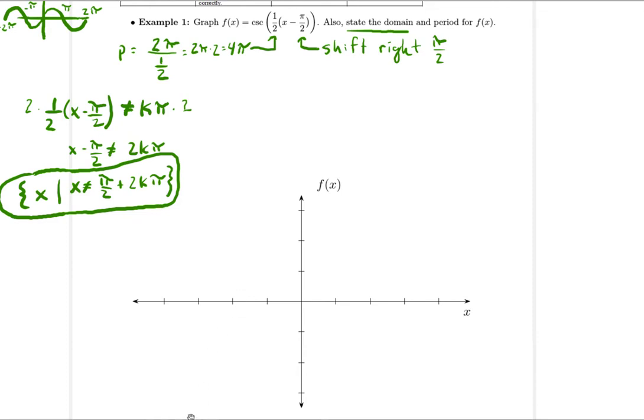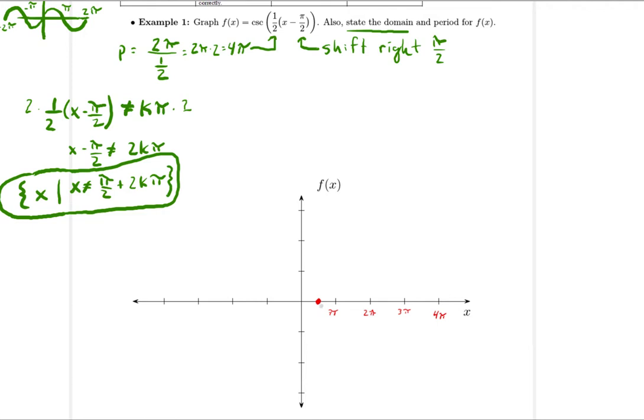So what I'm going to do here is, I know that I want to shift to the right of pi over 2, okay? So think to yourself, well, what would I do if I was to shift the sine function to the right pi over 2, and then also want a period of 4 pi? Well, then what I'd probably do is make it so that this is 4 pi, right? This is pi, 2 pi, 3 pi. So of course this marking right here is pi over 2.